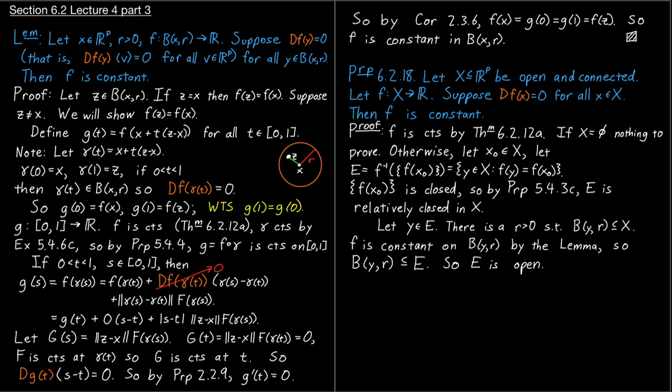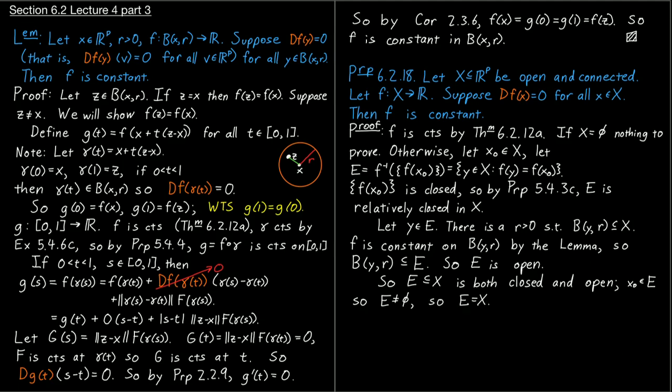And so we've seen that E, a subset of X, is relatively closed and open. And x naught, our point we picked, is in E, so E is not the empty set.